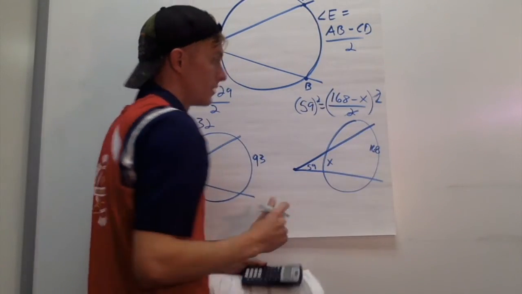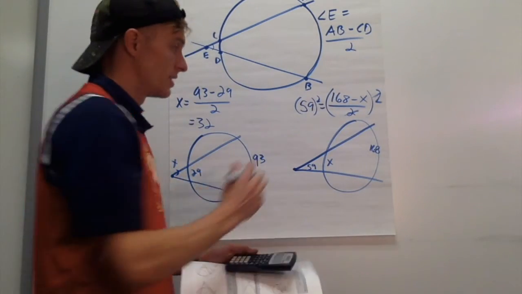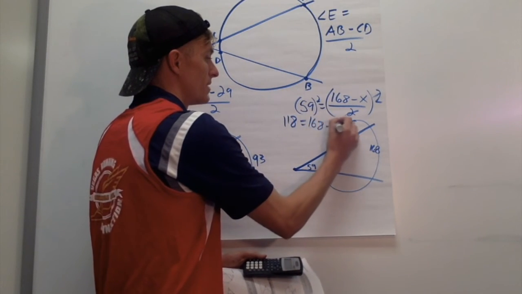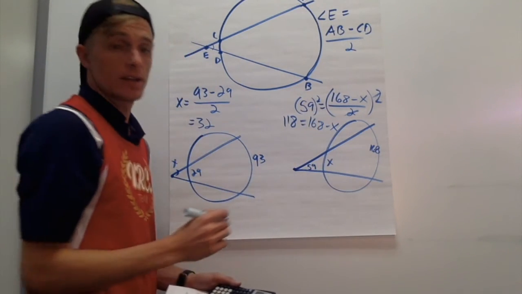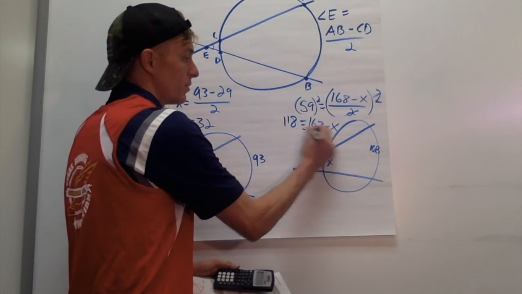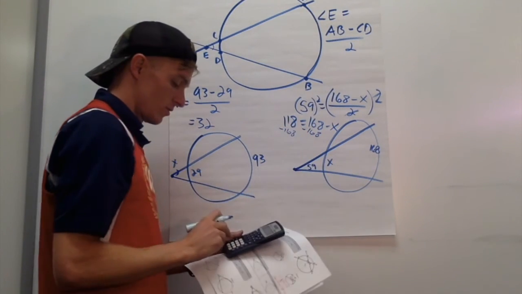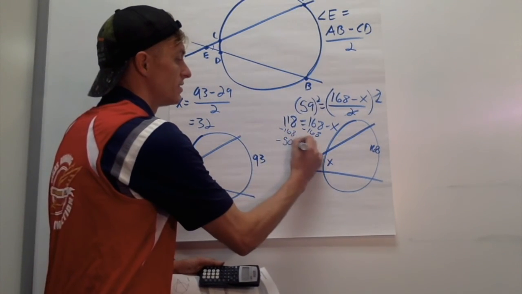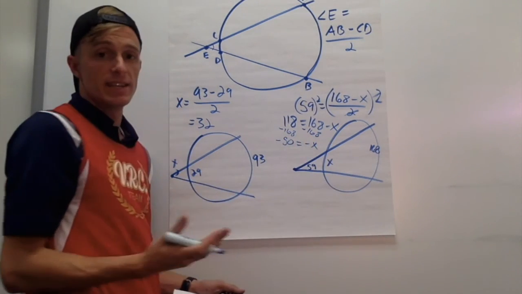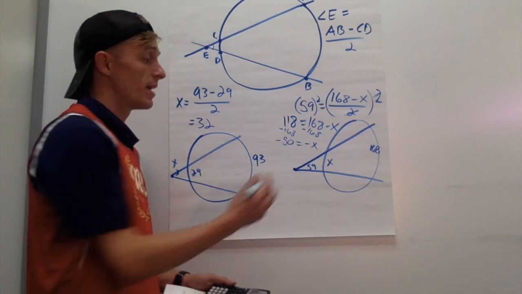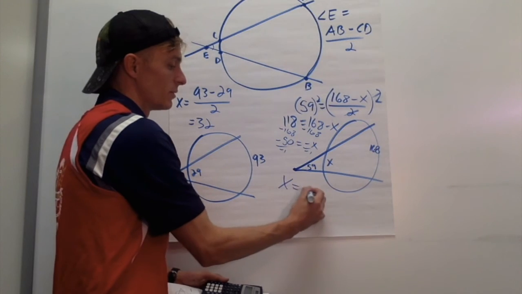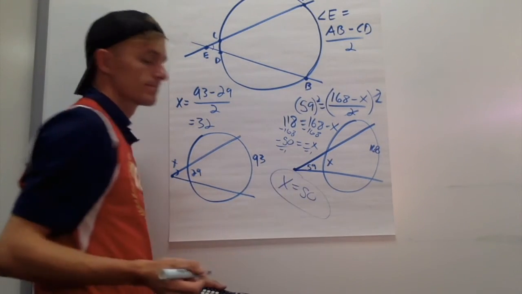These 2's cancel. 59 times 2 is 118, equal to 168 minus x. Subtract 168 from both sides. So 118 minus 168 gives us negative 50 is equal to negative x. And it's easy to get rid of a negative sign: you just divide by negative 1. And that means x is equal to 50.